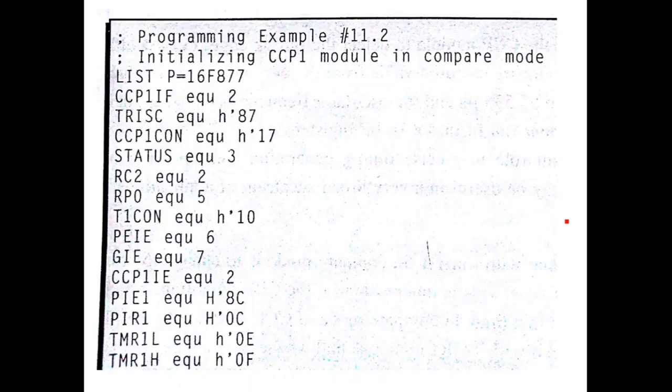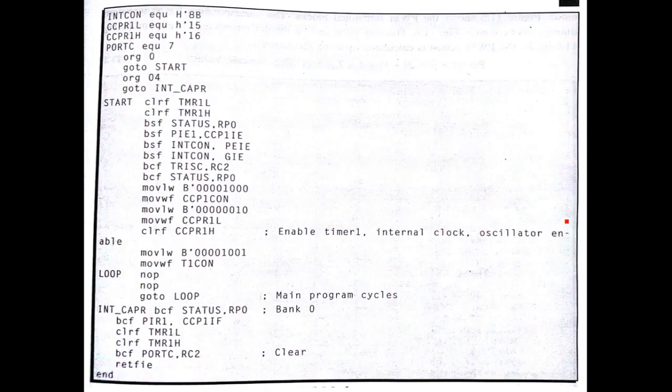Again you can see the program. I can compare that program here. So after you start your program, initially you clear the timer registers. So the timer register is loaded with 0000. Then you are enabling the interrupt.